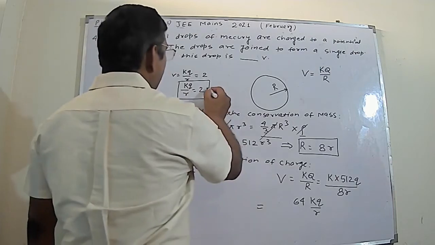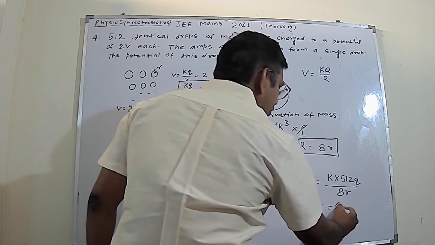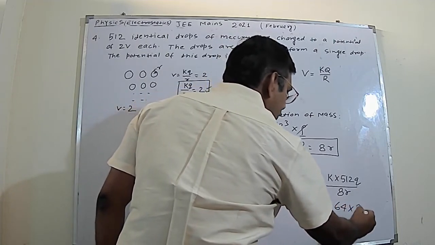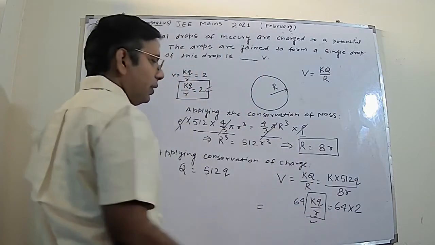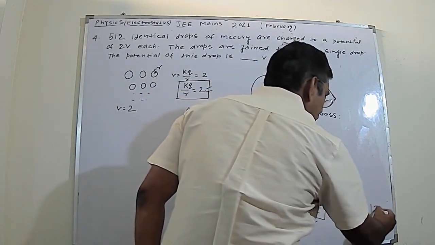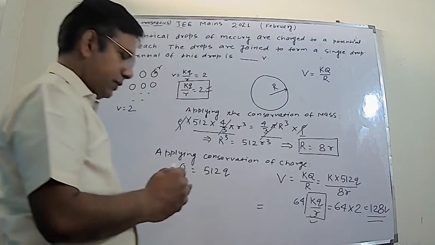So if we put the same thing here, we get 64 into 2. So this will be 128 volt. This will be the answer.